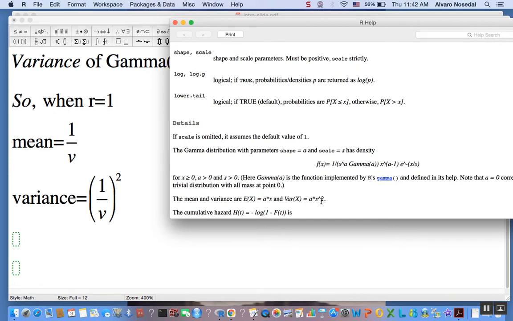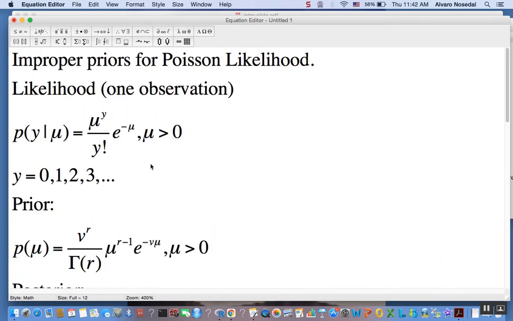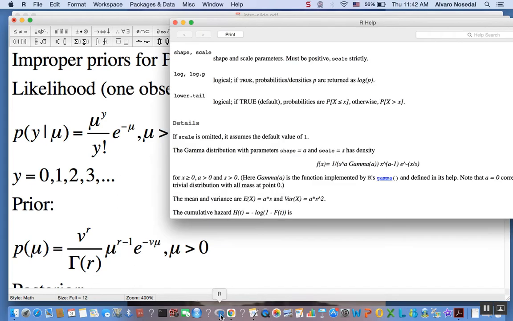But if we compare these two different expressions for the PDF of gamma, the correspondence is this: their a equals our r, and that s happens to be the same as 1 over v.